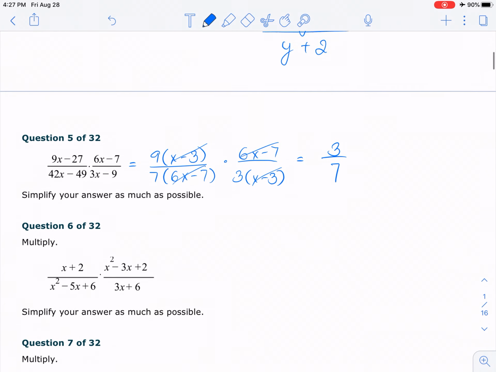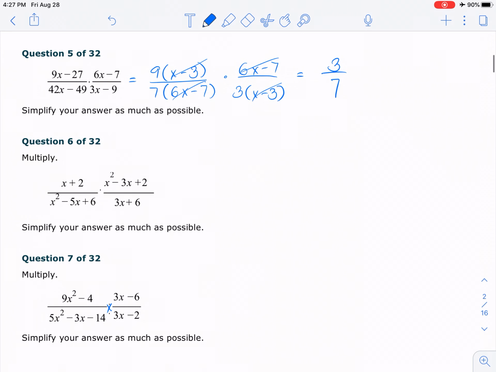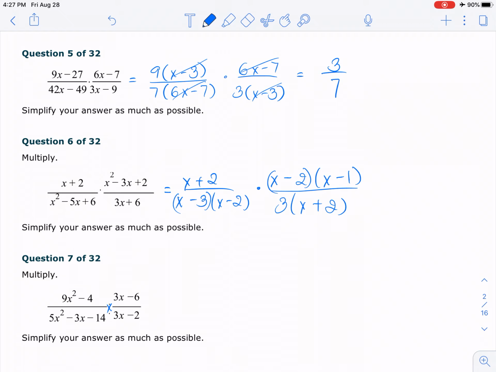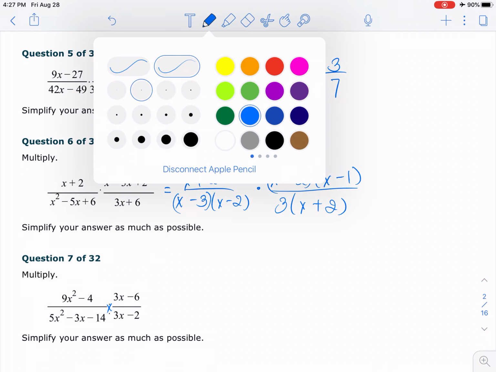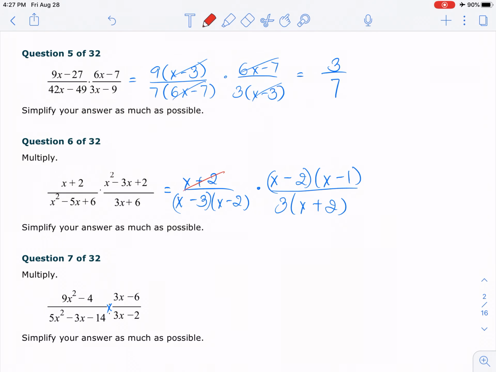All right, so to multiply is exactly the same. First we want to factor completely. All right, and then I can just simplify top and bottom.